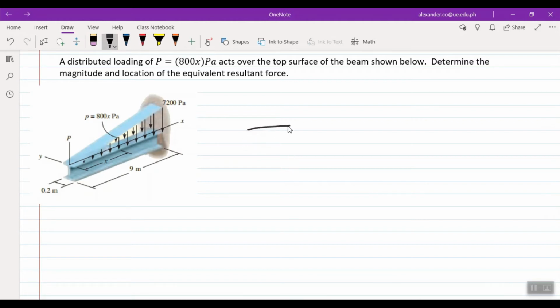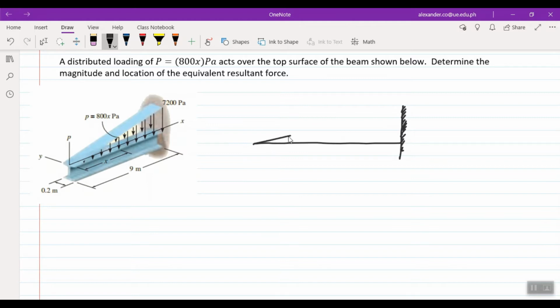So, ang length niya is 9 meters. Try lang natin makadrawing ng straight line. Okay, pwede na yan. Tapos nakaharap dito, parang may nakadikit siya sa pader, no? Nakapik siya, yung shade na yan.